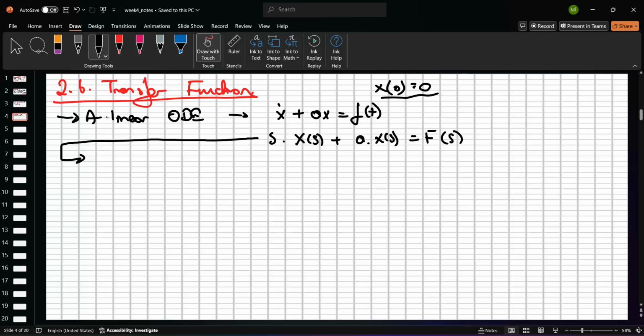F(s) is the input. Yes, thank you, Yağmur. F(s) is the input, right? F(s) input, X(s) is the output. If we want to draw the time response of this value, X(s) is the output, because we want to measure it, Mehmet, right? And F(s) is the external one, and if it's external, we can call it the input, right? And so what is the value of this equation in here?